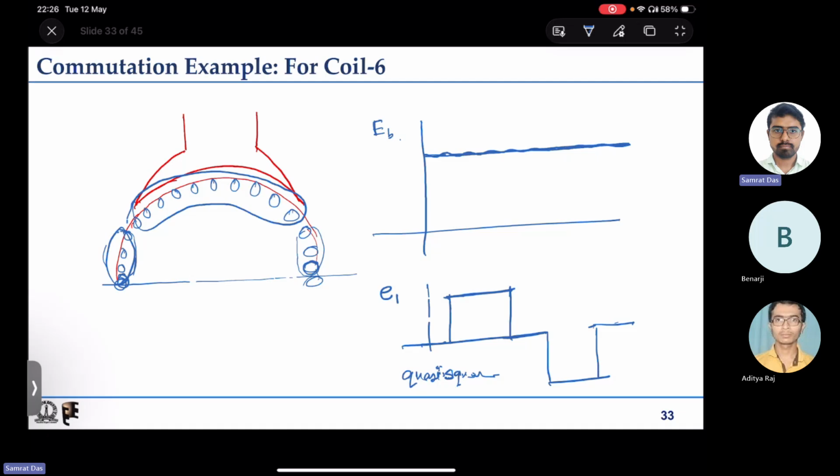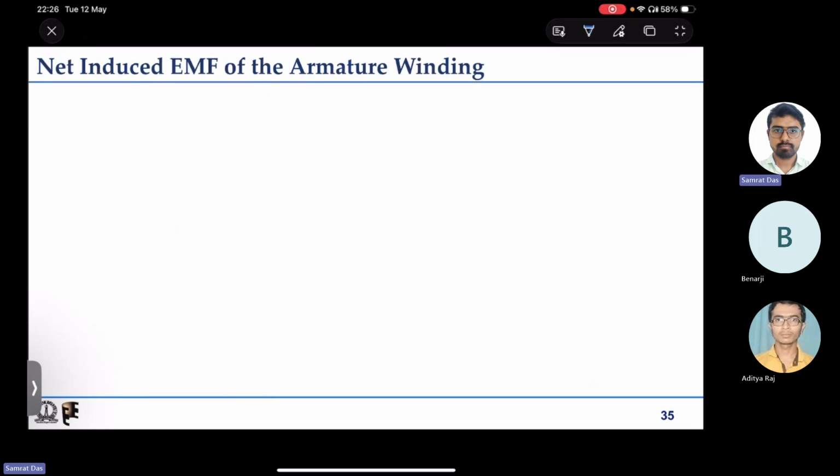That concludes why we have a constant DC induced EMF in a DC motor, although we have quasi-square wave induced EMF waveforms in the different coils.